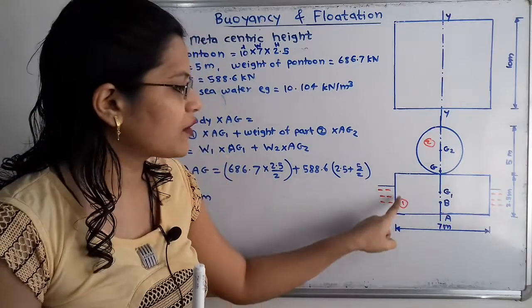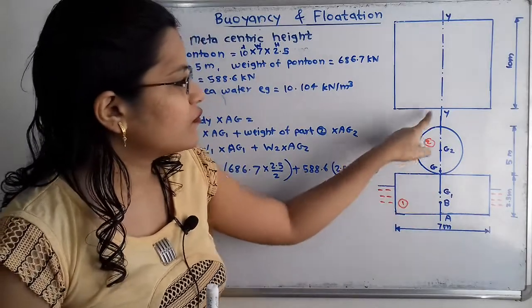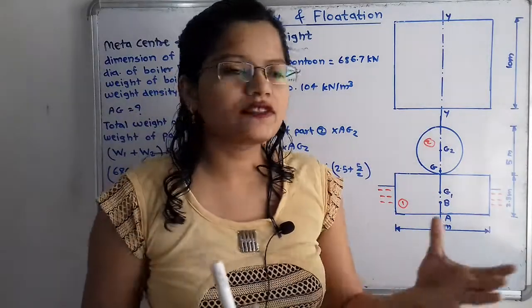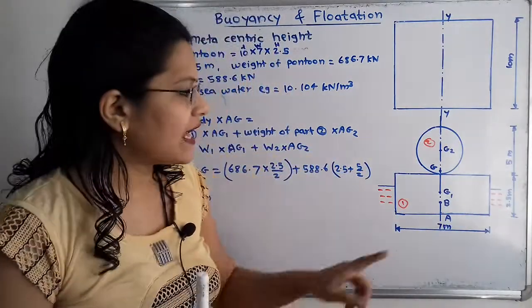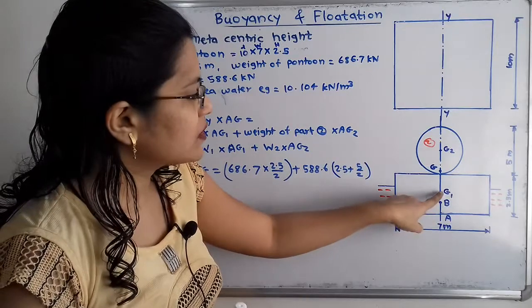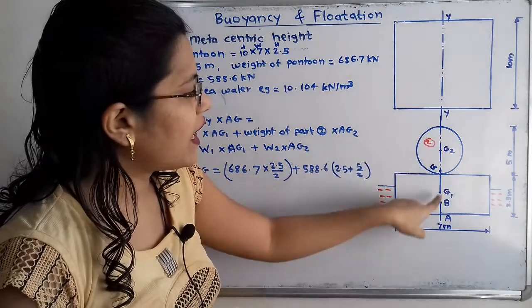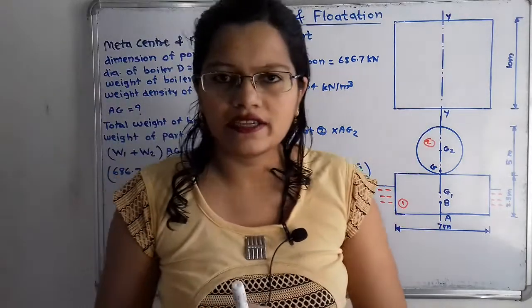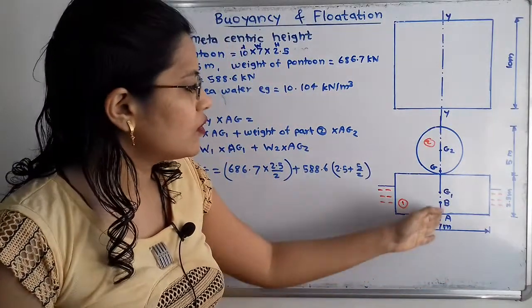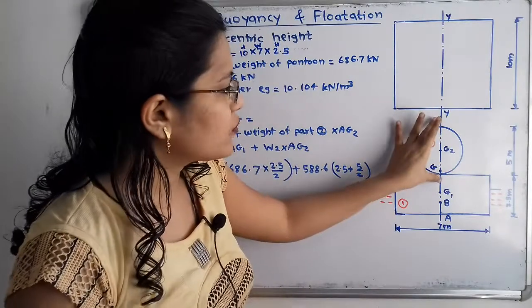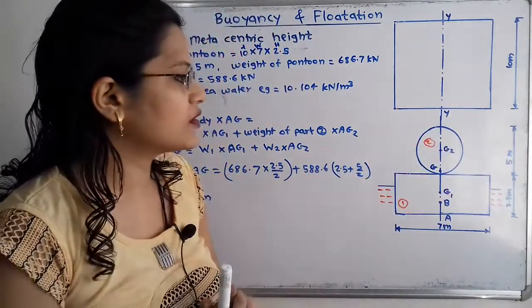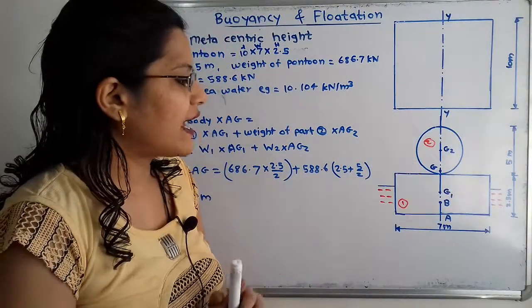So this is the rectangular pontoon, and then on it we have to draw a boiler because the pontoon carries a boiler on it. It is also given that the centers of gravity of the pontoon as well as the boiler are aligned with the vertical line passing through the center. So we draw the boiler at the center, and we give the height, that is 5 meter, for this boiler. So this is the diagram.